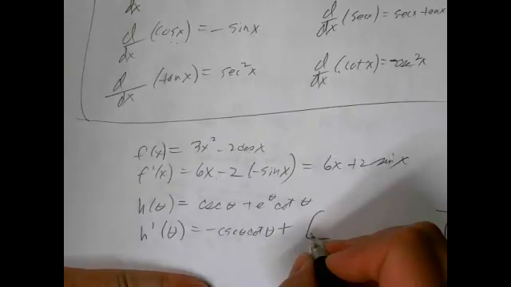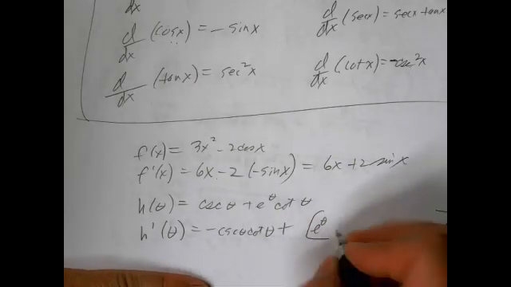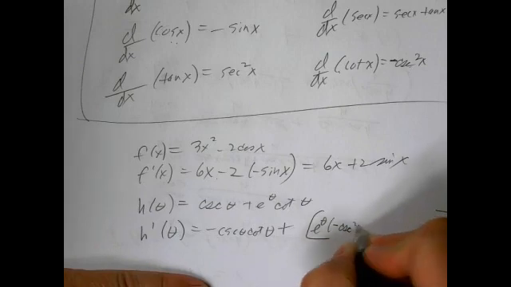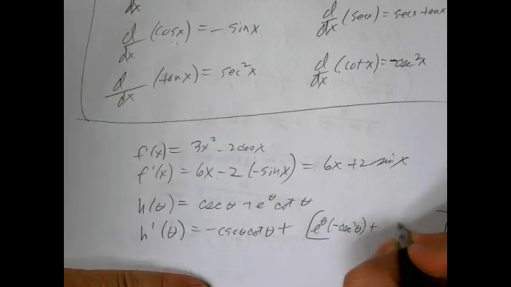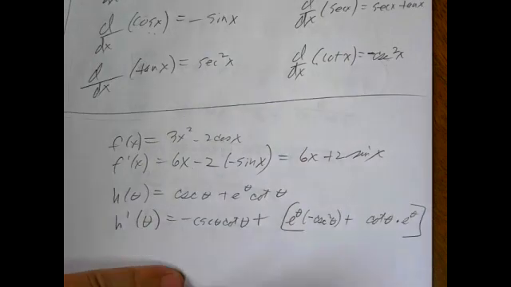So first, derivative of second. Derivative of cotangent would be a negative cosecant squared theta plus second, which is cotangent theta, times derivative of the first, which is just e to the theta.